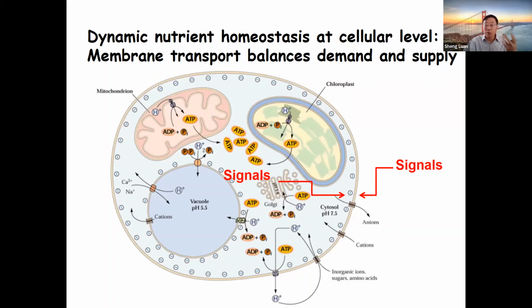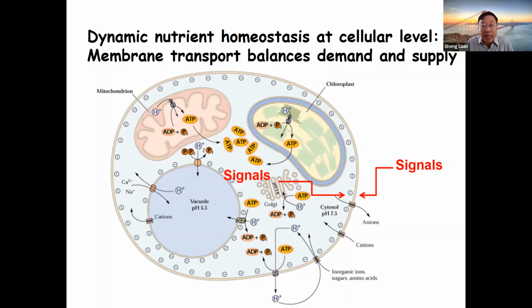The transporters in the membrane are really like doors and windows in our house. They're not always open or closed. If you always open or always close, then it's a loss of function. The door or window is a loss of function, right? So it has to be open or closed upon demand, right?